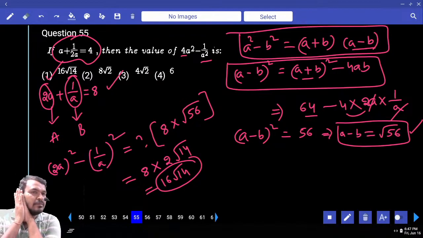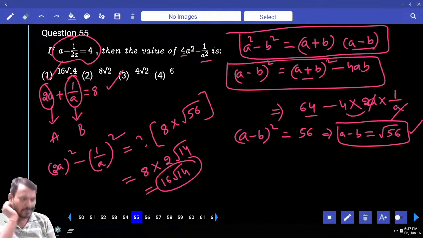Actually we required (2a) whole square minus (1/a) whole square. That is considered the a square minus b square format, which means (a plus b) into (a minus b). Again we required the a minus b value, so first we have taken (a minus b) whole square equal to (a plus b) whole square minus 4ab.